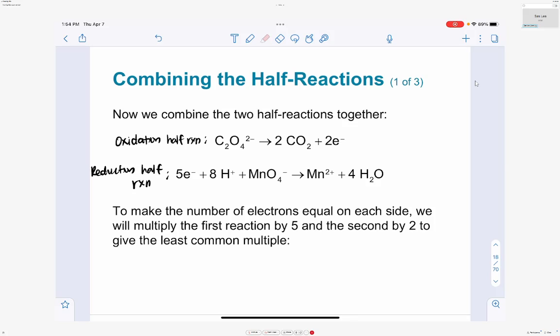Since both are balanced, the final step is to combine these two half reactions together. But before combining, there was a rule of thumb. The number of electrons lost in the oxidation reaction should equal the electrons gained in the reduction reaction.